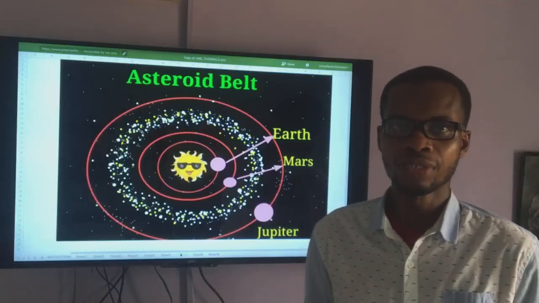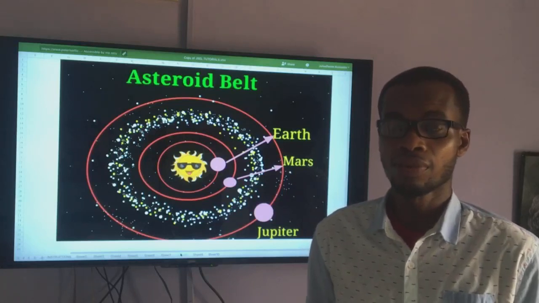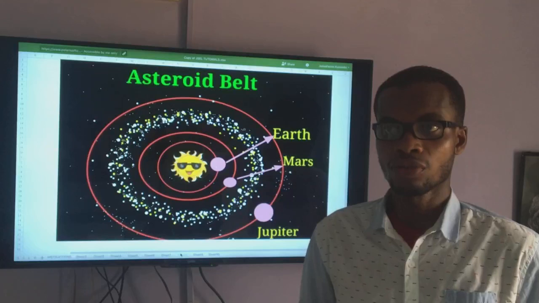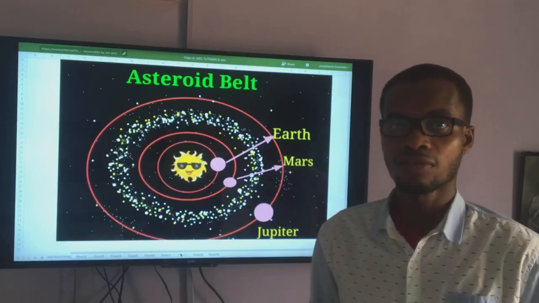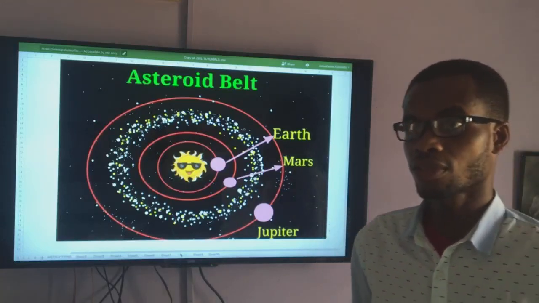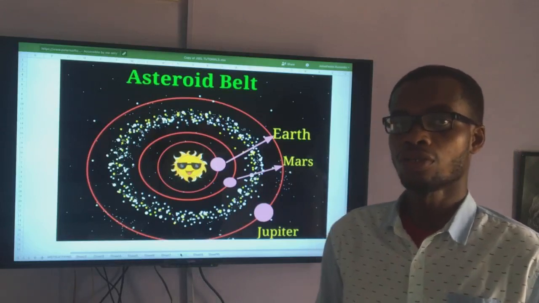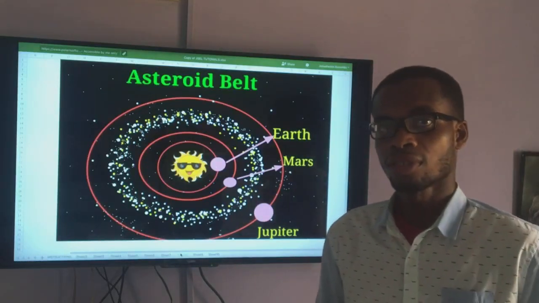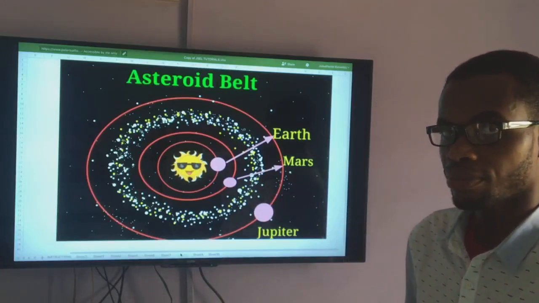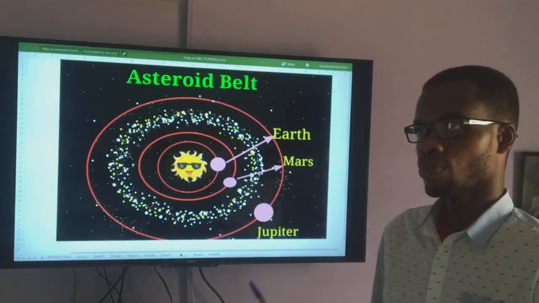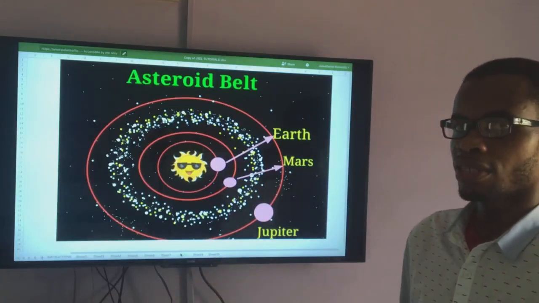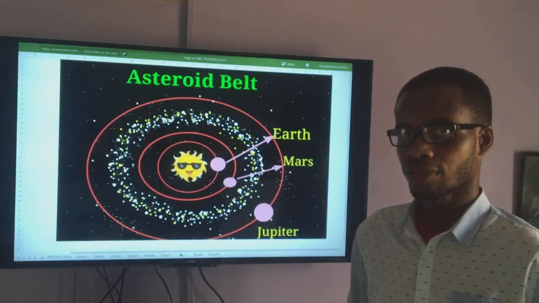Alright, so we'll begin to look at where these asteroids are found. In the solar system, as you've learned in science, social studies and geography, there are planets in the solar system, and within a certain range there is what we call the asteroid belt.